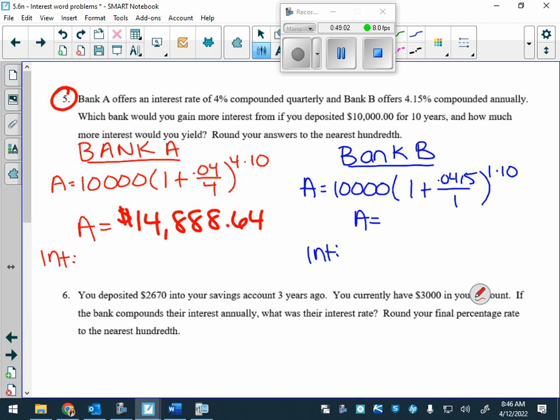What was your interest earned? Anybody can answer. What's our interest for Bank A? That's our rate. How much interest did we earn in 10 years?